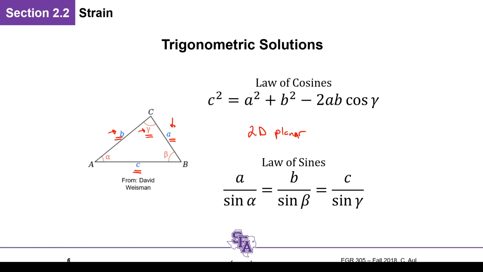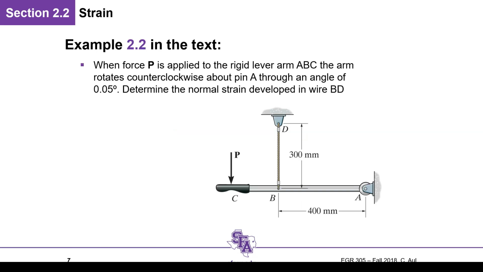Okay, so let's take a look at an example in the text. So this example is saying if we have a force applied at C, right, and this force here, P, causes this arm to rotate down such that this angle that it changes through, for its new position, is going to be 0.05 degrees, okay?